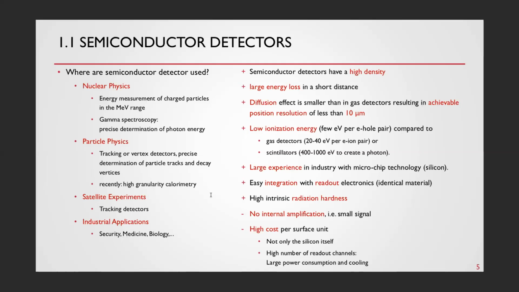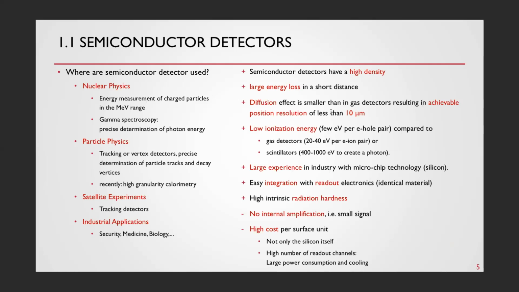This will allow to resolve the individual decays in the jet as its particles shower and propagate through the silicon detector. They are also used in satellite experiments because after careful design, no large currents are needed, and there are many other industrial applications in security, medicine, and biology.